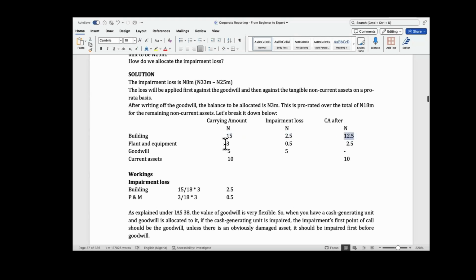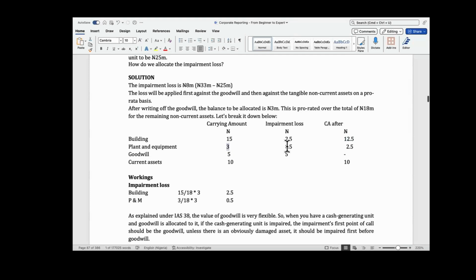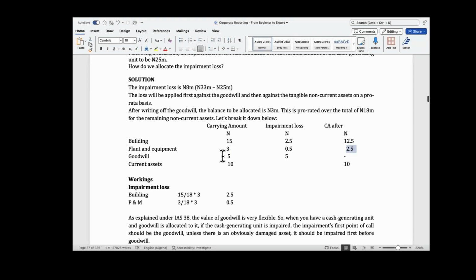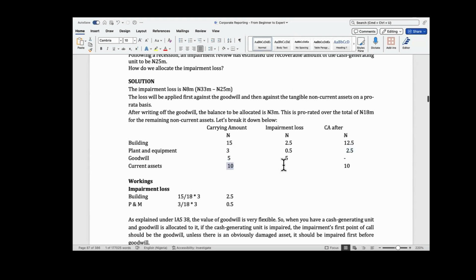For the plant and equipment, it will be 3 minus 0.5, which is 2.5. Then the goodwill is 5 minus 5, which is 0. The current assets were not allocated any impairment loss, so it is still 10. And those are my carrying amounts. And that's how you allocate impairment loss to a CGU.